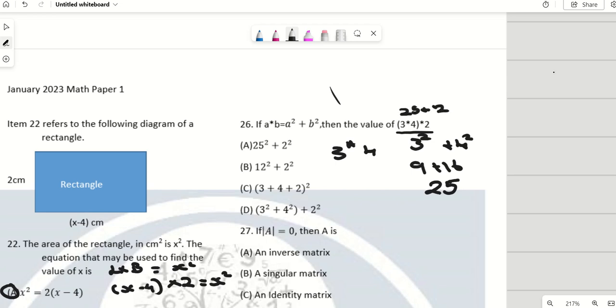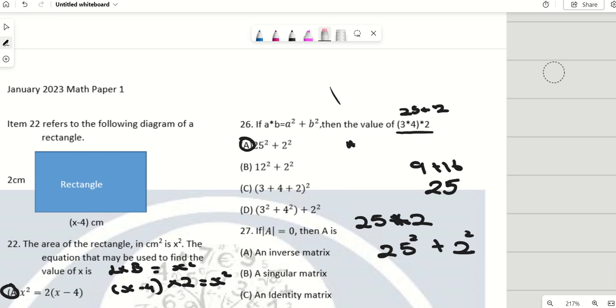So A now is 25, and 25 asterisk 2 is 25 squared plus 2 squared. So this is a two-step process. You do the brackets first. Whatever answer you get for those brackets, that is A. In this case, the answer for the brackets, 3 asterisk 4, is 25. So my answer would be 25 squared plus 2 squared, which is A in this case.